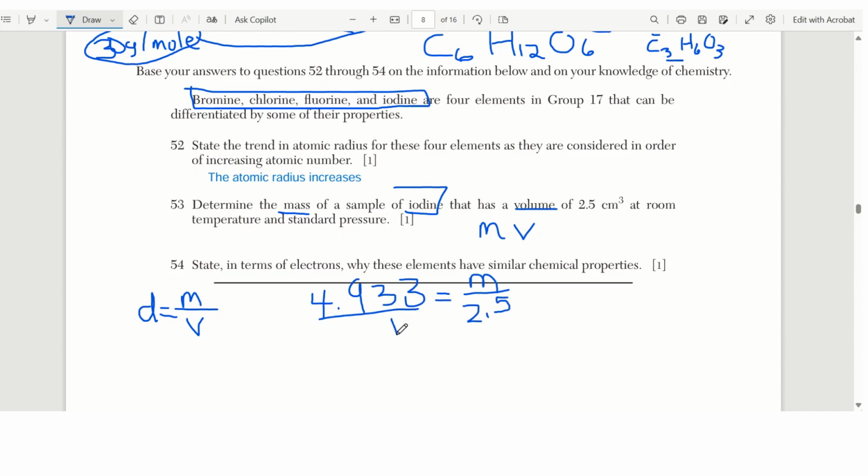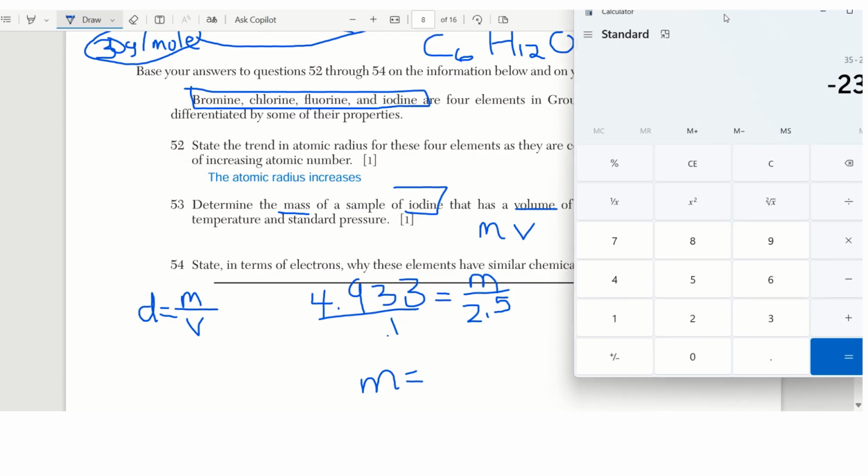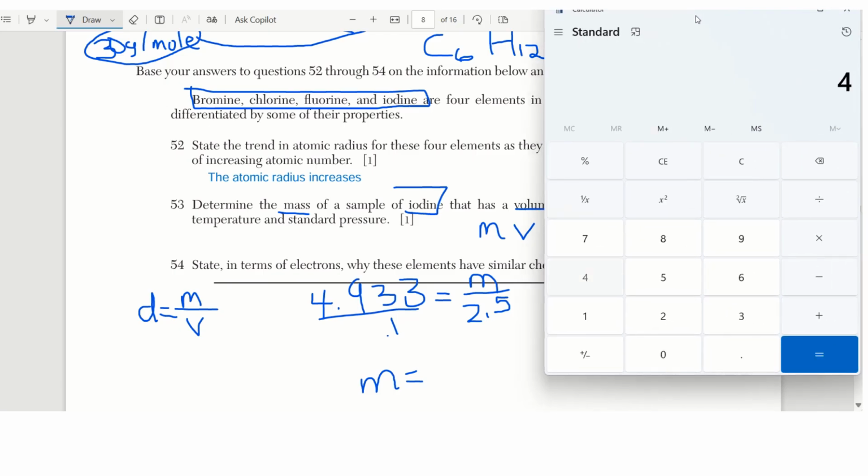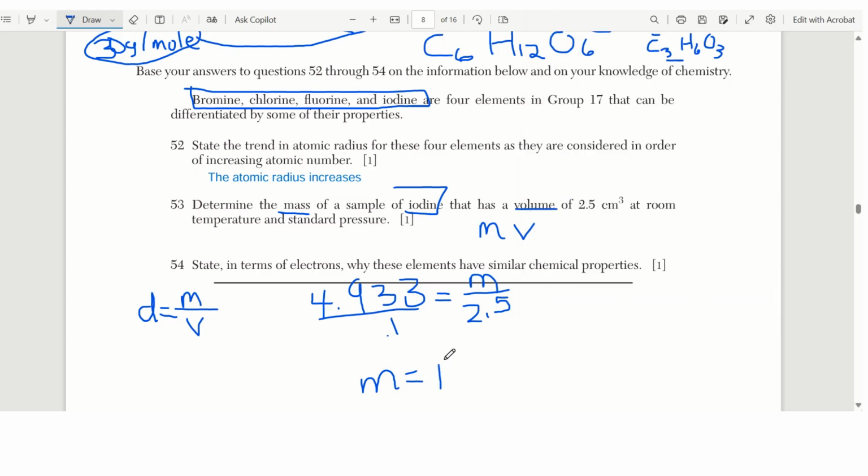Put it over 1, cross multiply. 1 times mass is just mass, and I'm going to multiply those two numbers together to get my answer. 4.933 times 2.5 equals 12.3325 grams. I could just leave it like that.